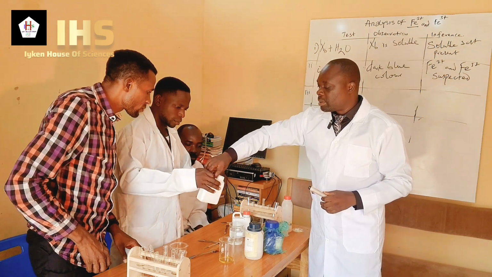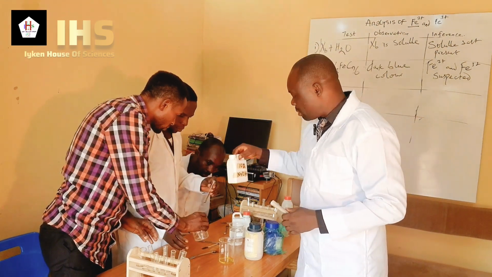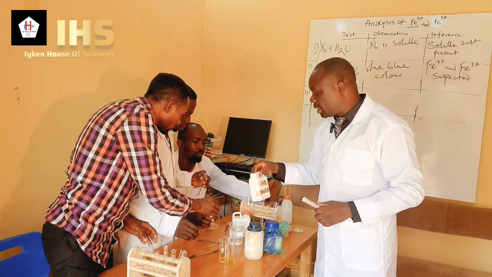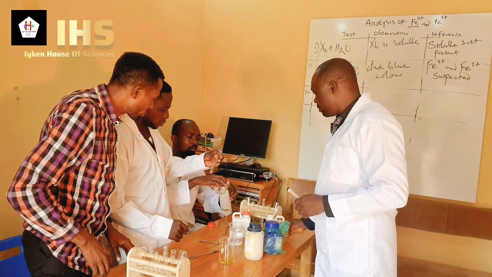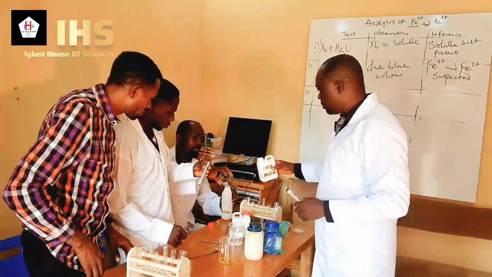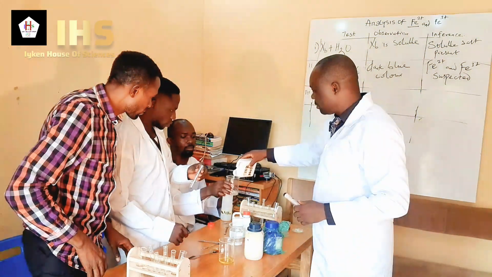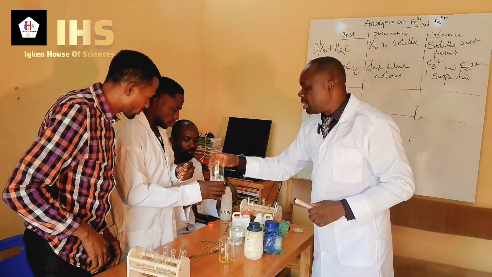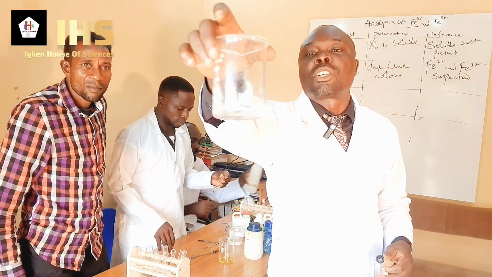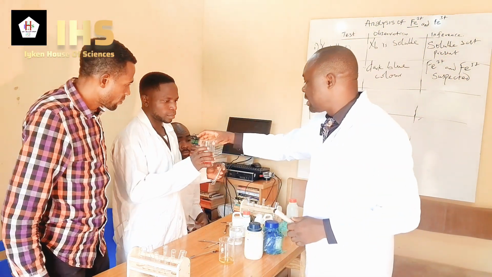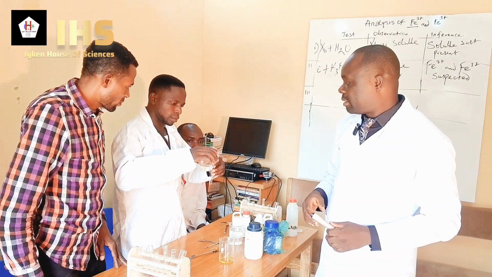Let them see the color of the sodium hydroxide, so that the viewers see. It has no color, it's colorless, the color of water. Then you add it to this and let's see.